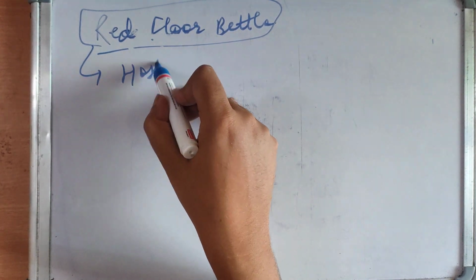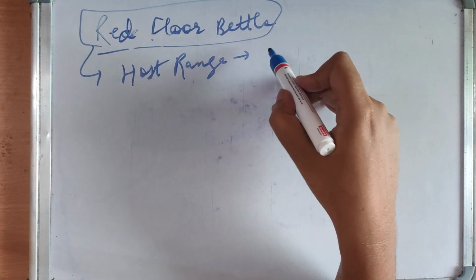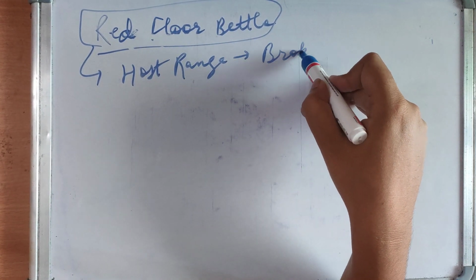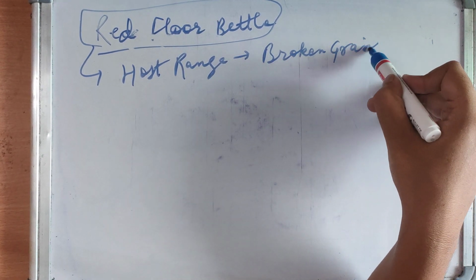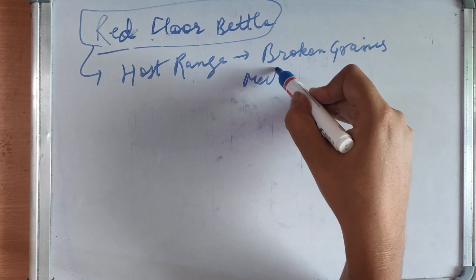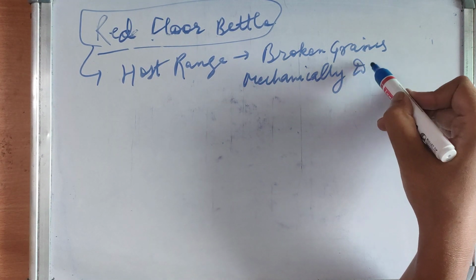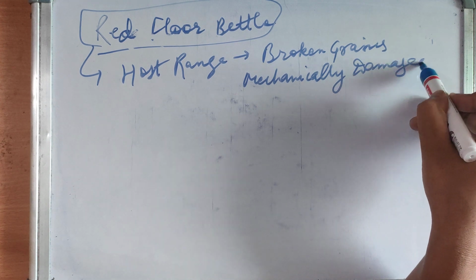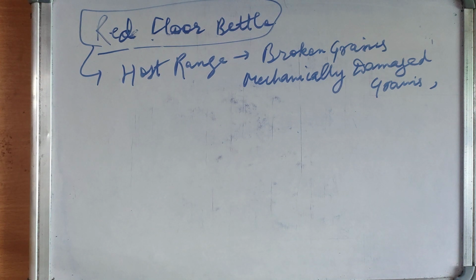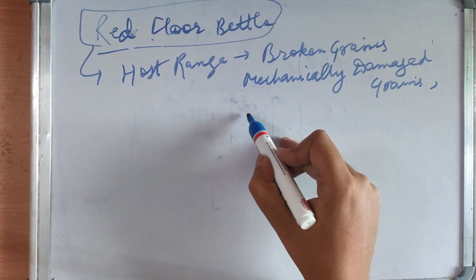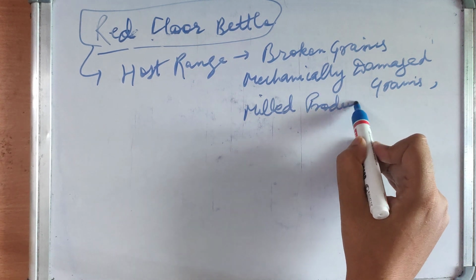Its host range is broken grains, or you can say mechanically damaged grains, germ portion and milled products. It also infests milled products. So these are its common host ranges.